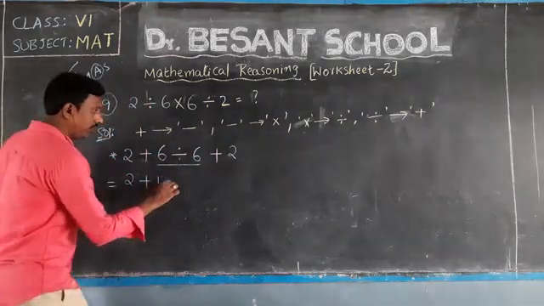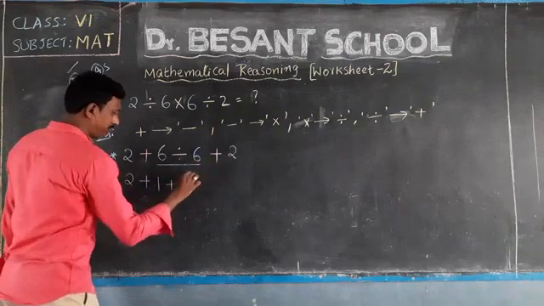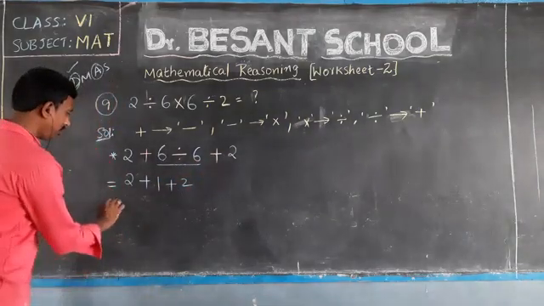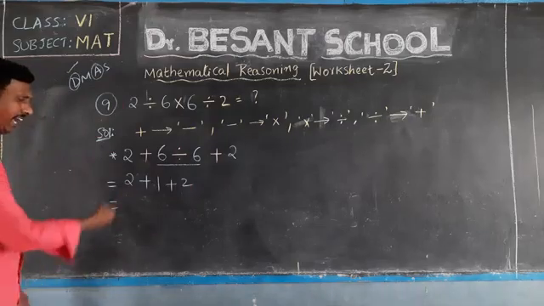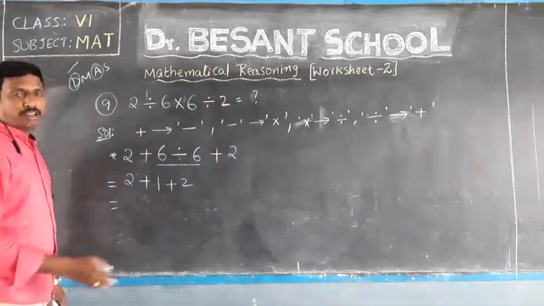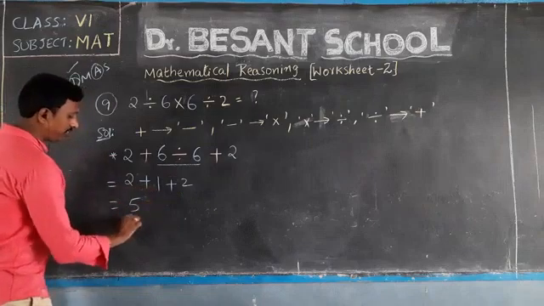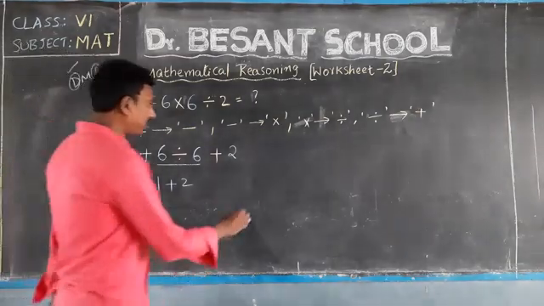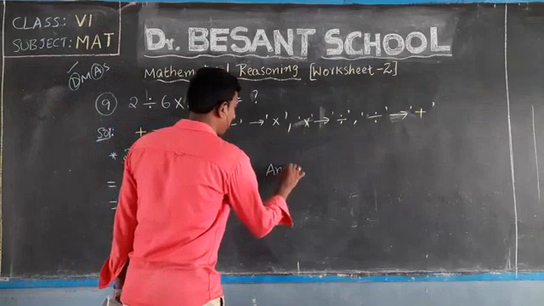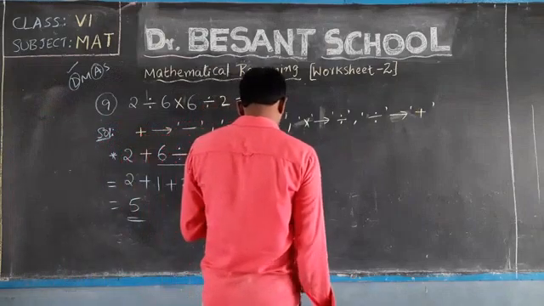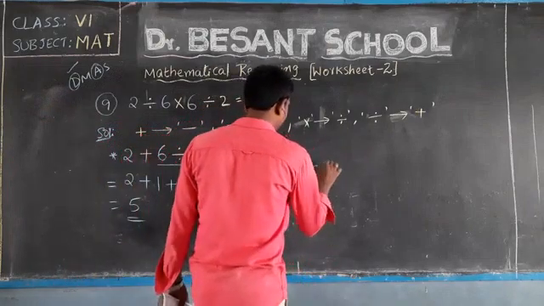Yes, 1. 1 plus 2. All are addition, no other operation is provided here. 2 plus 1, 3. 3 plus 2, 5. So that is your answer part. So if we check out your options, 5 is your option C.